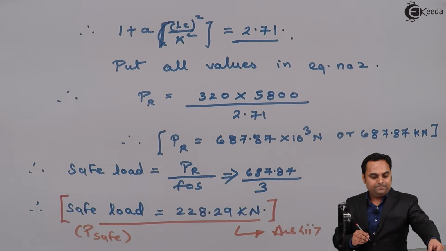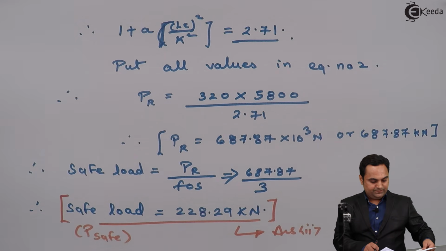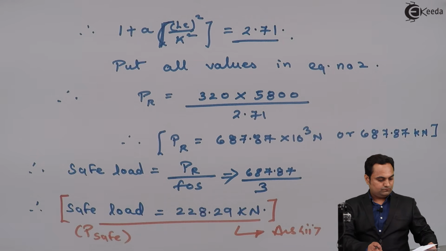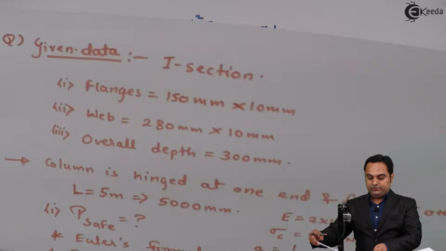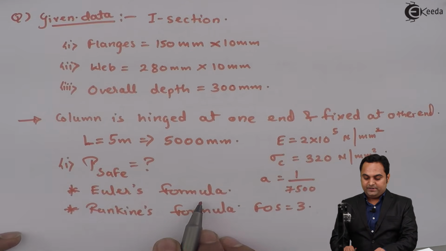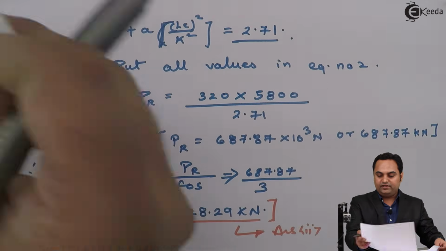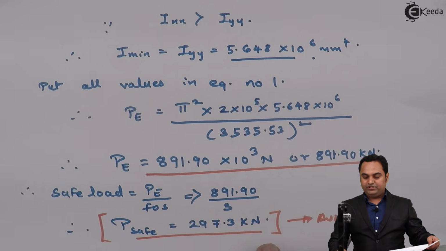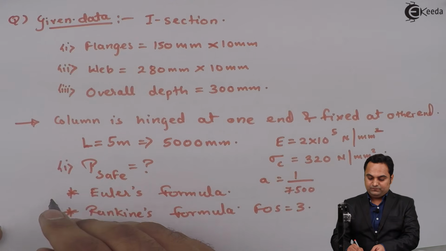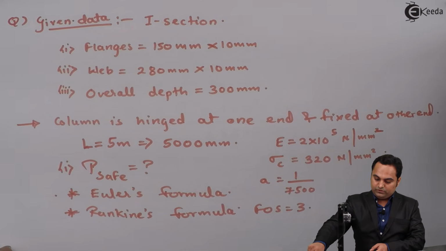Or safe load. Now if we look into the question which was given to us, in that question they were telling us to calculate the safe load first by using Euler's formula that we have found out. It is 297.3 kilonewton, safe load by using Euler's formula.